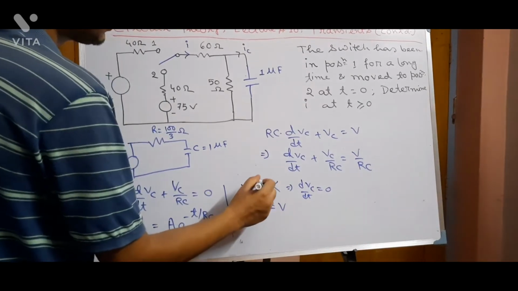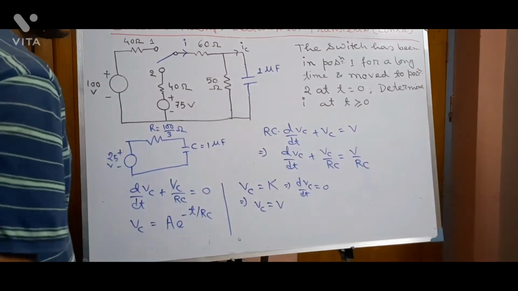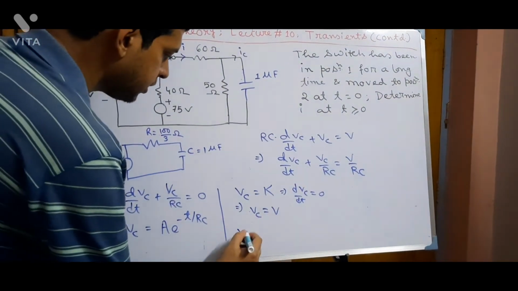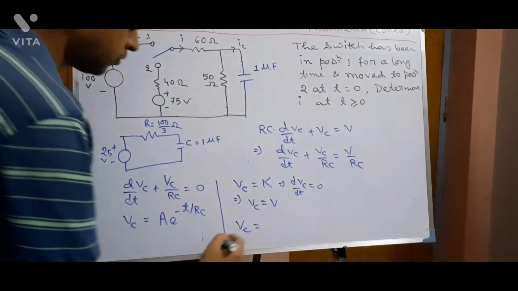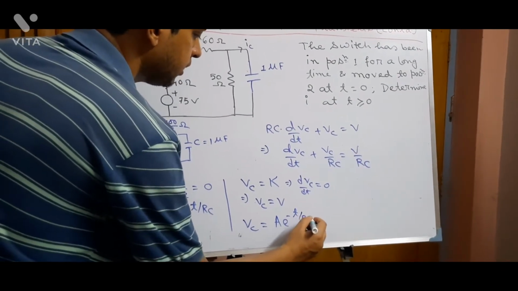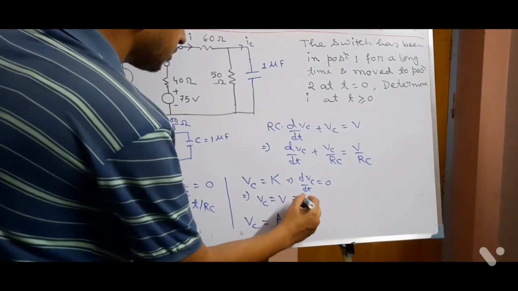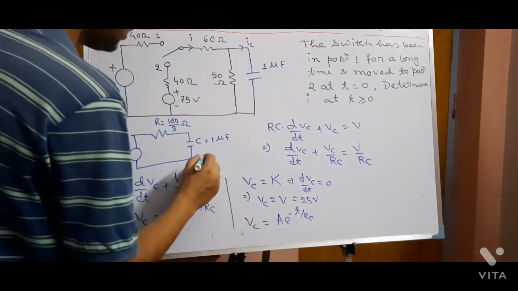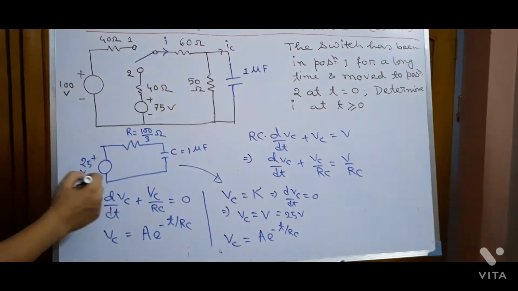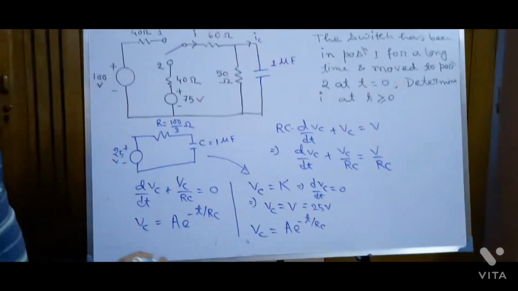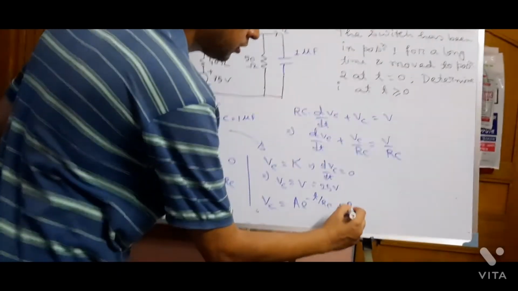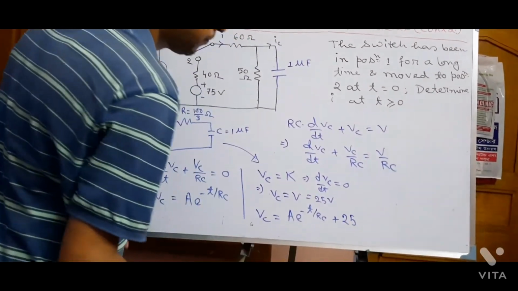Now let us replace these here. So Vc equal to V. So the complete solution of Vc at t greater than 0 is A e to the power minus t by RC plus V, and in this circuit V is VTH, which is 25 volt. So the complete solution of Vc is this one, plus 25.